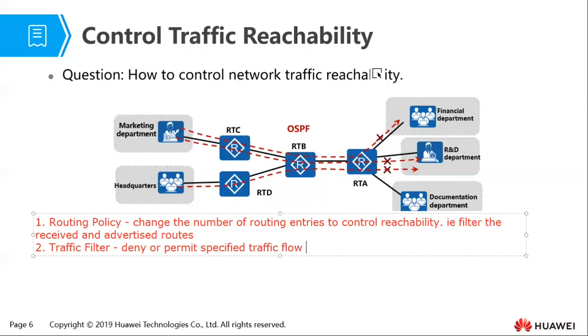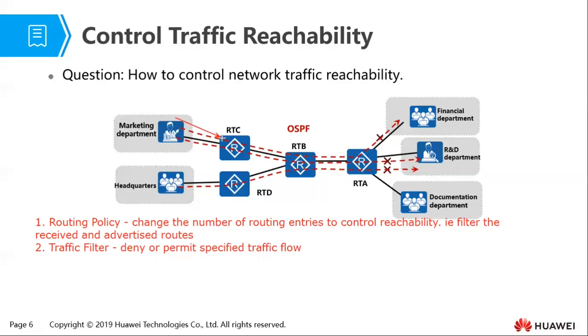So generally, if we're having a packet from the marketing department, it will have the source IP address. So we can simply configure in RTA that, hey, if you get a packet with this source address and the destination address is the finance department, just drop that packet. So you see, with traffic filter, we are not really affecting the routing entries. We're not affecting what goes into the routing table. We are simply denying or permitting a specified traffic flow.